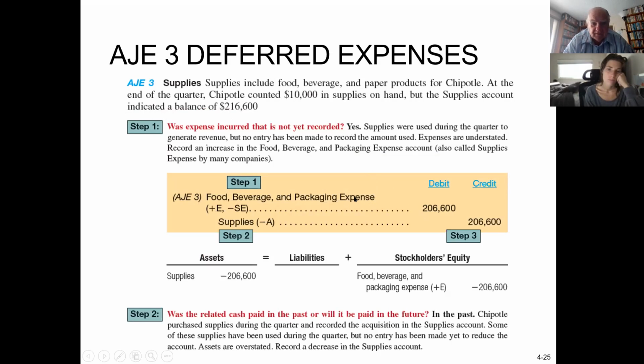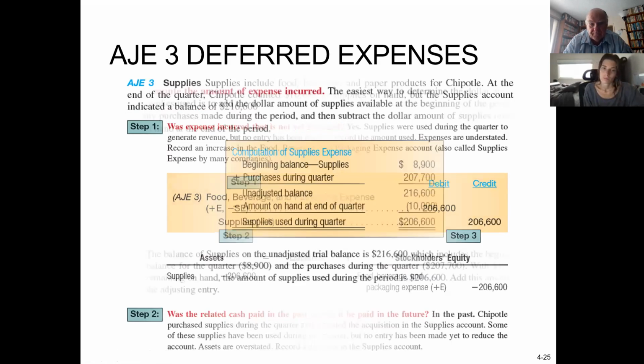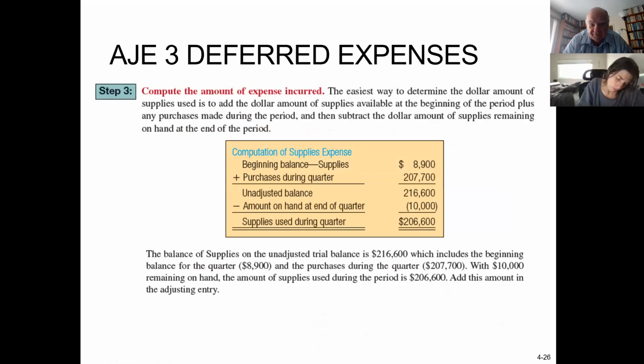You would debit, they're calling it food, beverage, and packaging expense, and you would credit supplies, prepaid supplies. And we know in this course, when we see the word supplies by itself, that's the prepaid asset. That's the prepaid asset. And here they're even giving us a calculation if we really needed it.